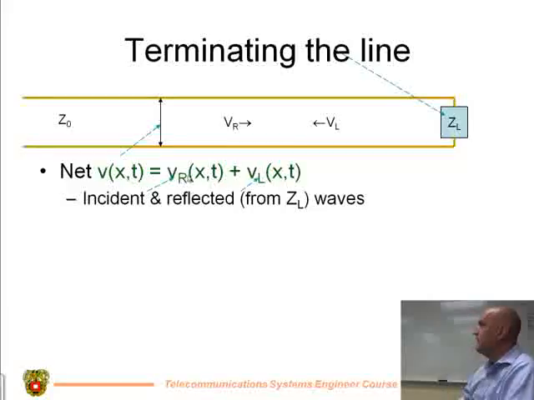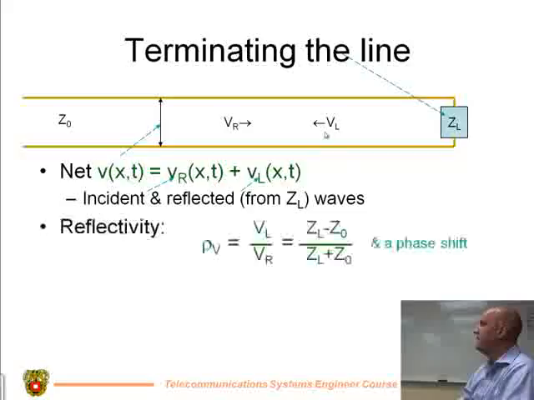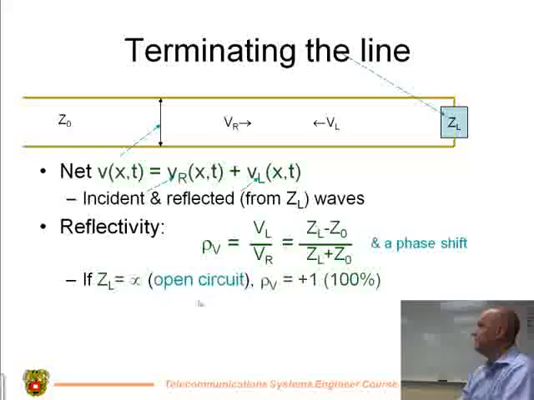So VR is the incident wave, VL is the reflected wave from the load. Now we can determine how much gets reflected. It's VL over VR, which ends up being ZL minus Z0 over ZL plus Z0 and a phase shift. So in order to make that 0, what should ZL and Z0 be? The same. If they're the same, the numerator becomes 0 and we get no reflectivity.